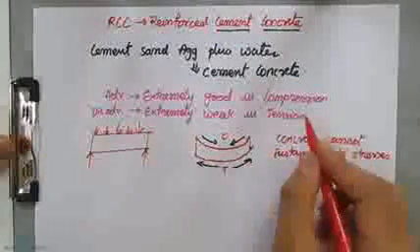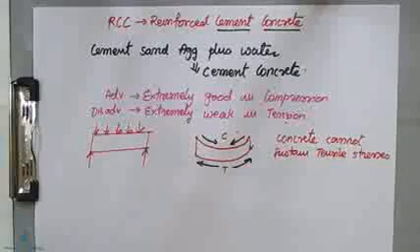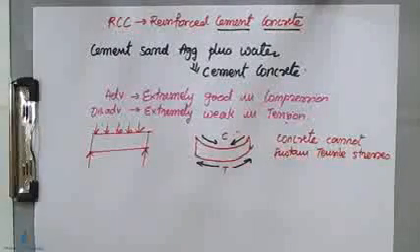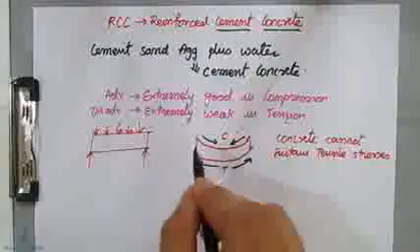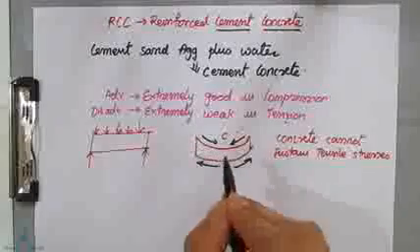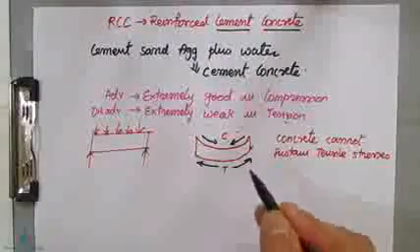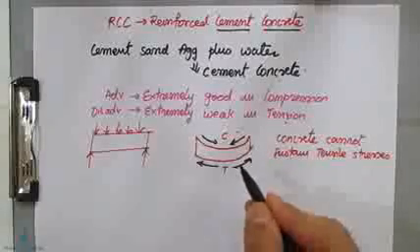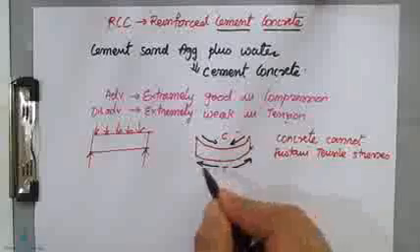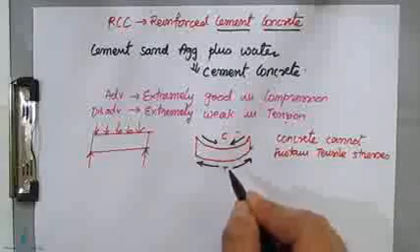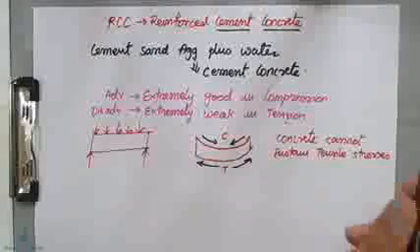Because it is extremely weak in tension. If you construct a structural element, suppose an RCC beam, for example a simply supported one, it will undergo bending. After bending, it has two zones, compression zone and tension zone. The concrete, being good in compression, takes care of the compressive stresses, but it is extremely weak in tension, therefore concrete cannot sustain tensile stresses alone.